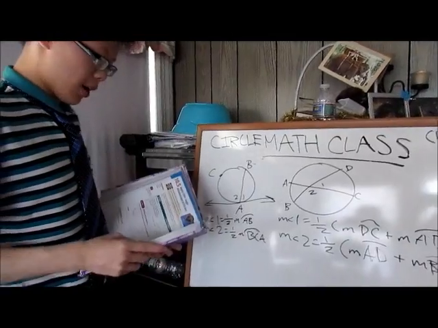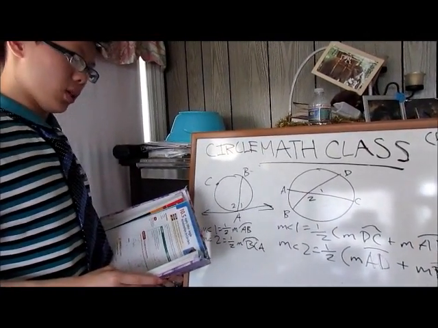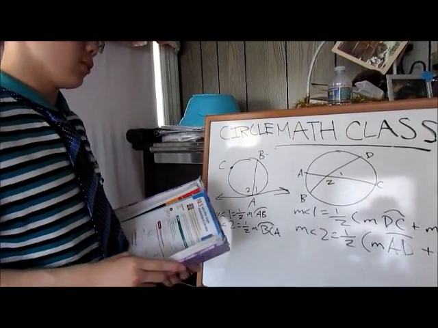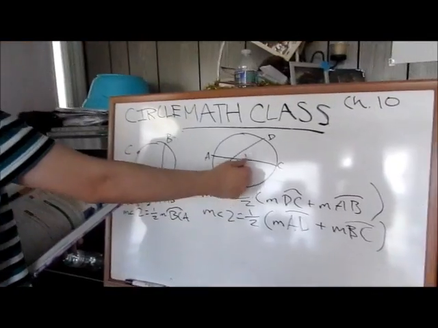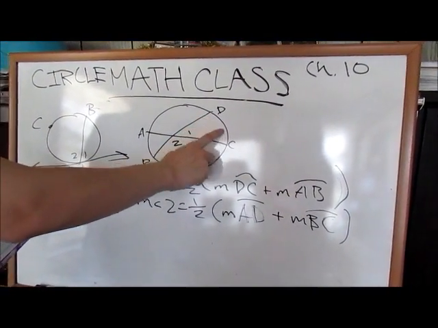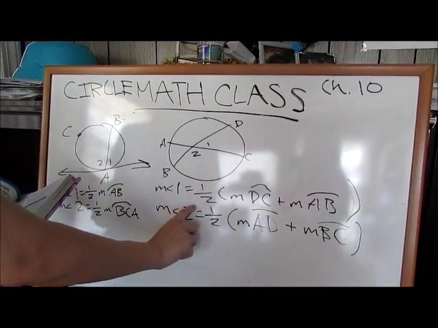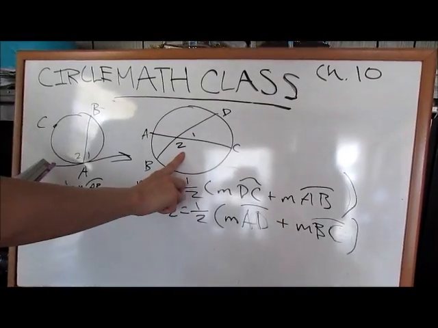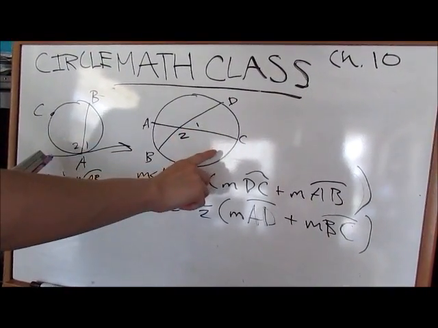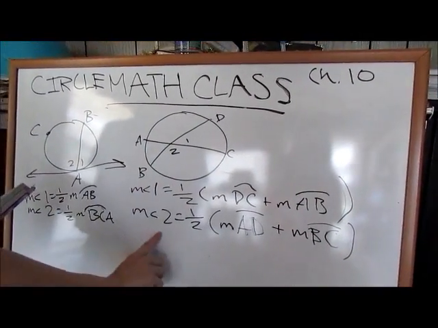If two chords intersect inside a circle, then the measure of each angle is 1/2 the sum of the measures of the arcs intercepted by the angle and its vertical angle. Measure of angle 1 is 1/2 of the measure of arc DC and AB combined together, just right here. And measure of angle 2 is 1/2 of arc AD and arc BC combined together, which is right here.